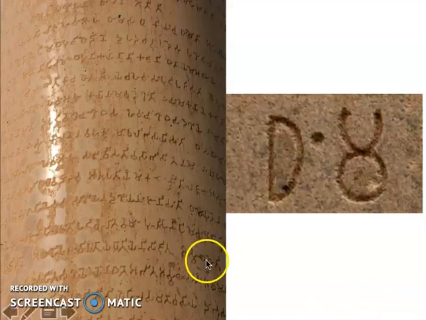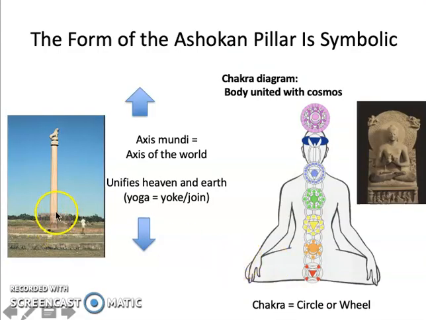Dharma kingdom. But when it comes to the pillars, the form of the pillars may seem sort of simple to an untrained eye, but in fact, in his time and place, it was highly symbolic. This form of pillar or column reaching clearly vertically is understood to be an axis mundi, a widespread ancient idea that this vertical channel is the axis of the world which links heaven and earth.